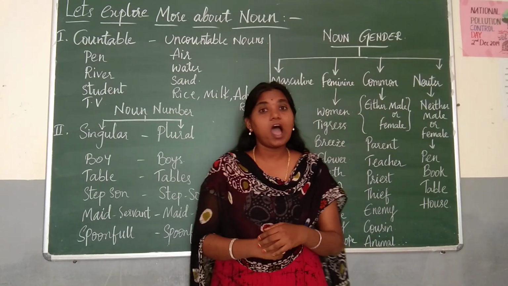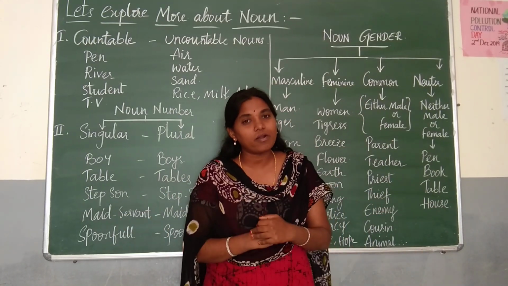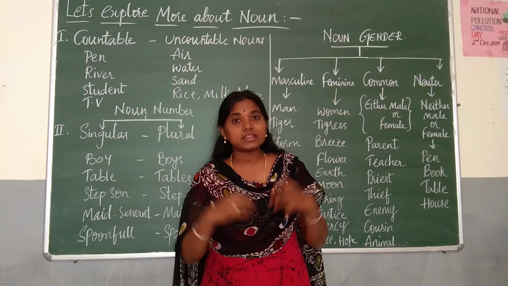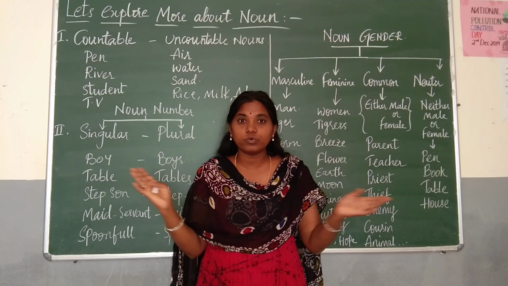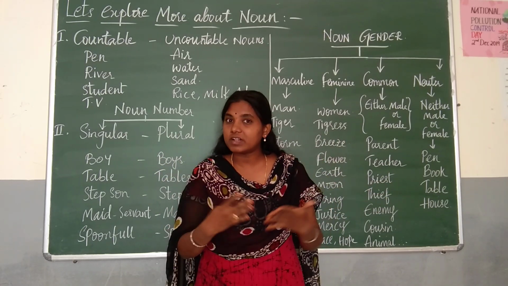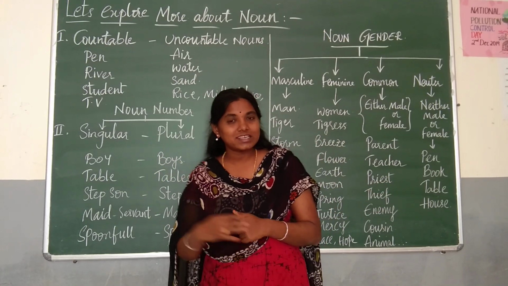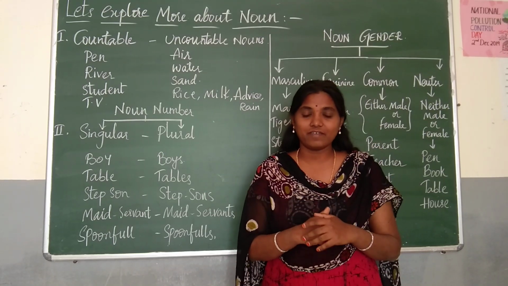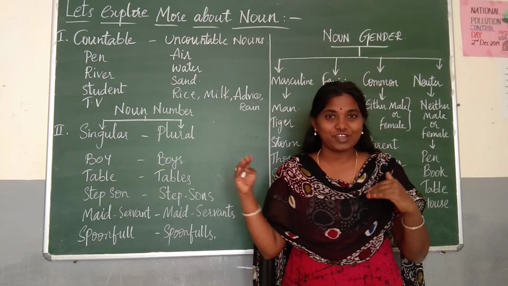The same way TV. How many televisions are displayed in the showroom? How many televisions are there at home? How many televisions are there in your school to show you beautiful, useful teaching videos? Yes, so how many televisions? 1, 2, 3, 4. We have only 1 television at home. I don't have 2, 3, 4, 5.